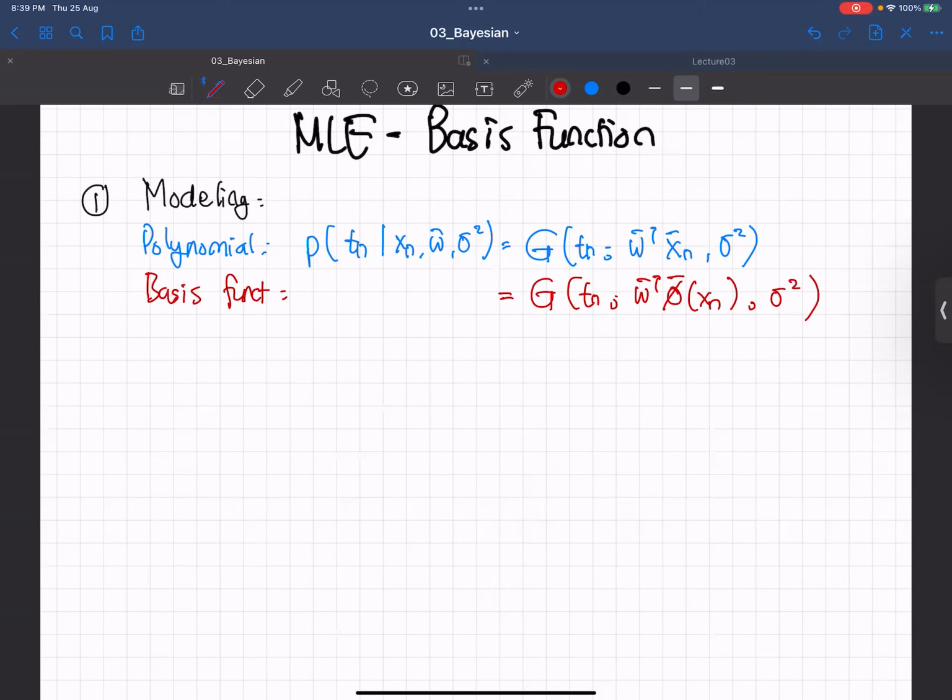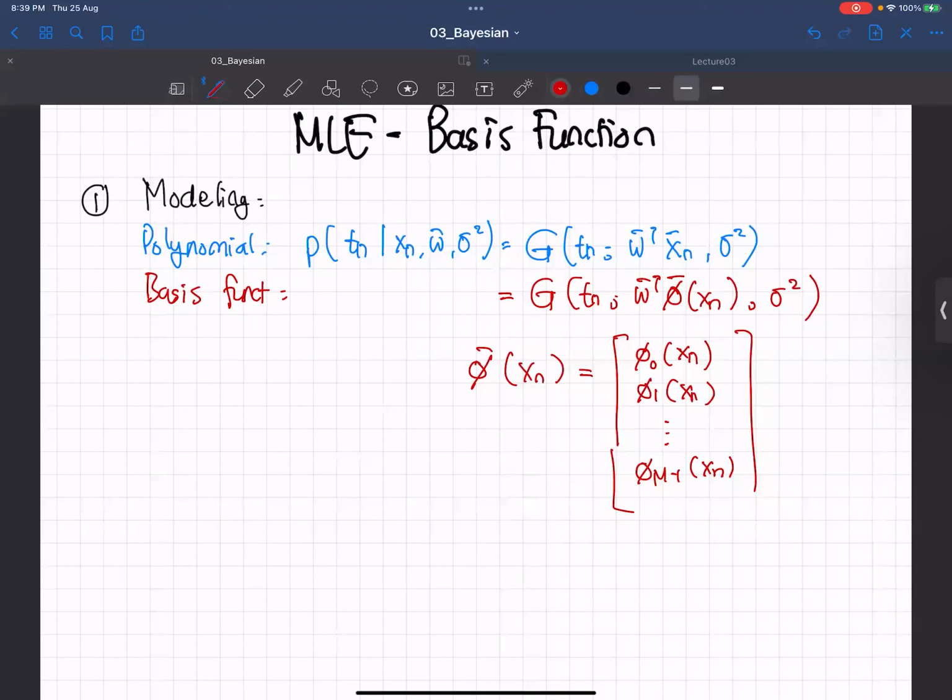So what is phi bar xn? This one is a vector, right? When it is bar, it's always a vector. So what is the first element here? Phi 0 of input xn, and the next one, phi 1 of xn, until phi m minus 1 of xn.